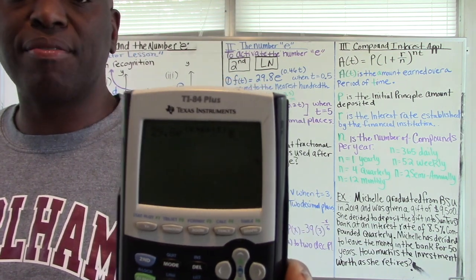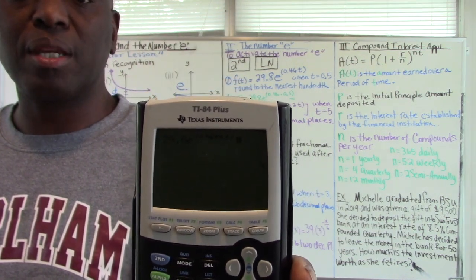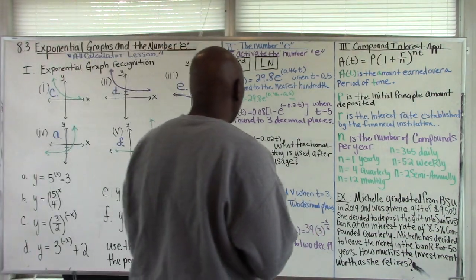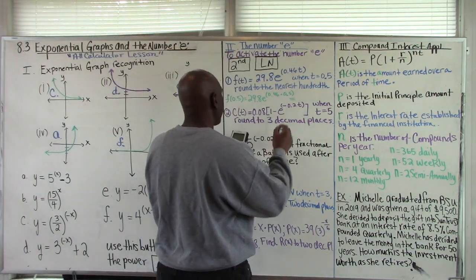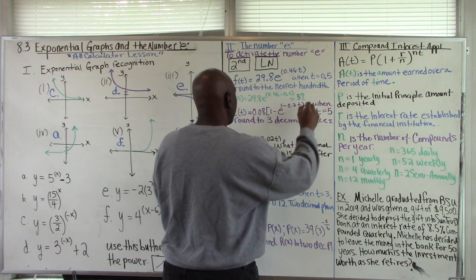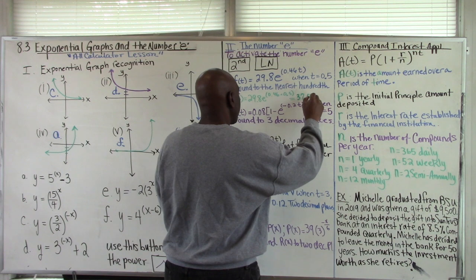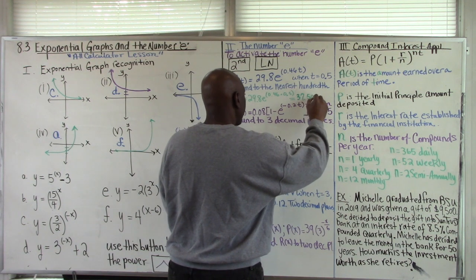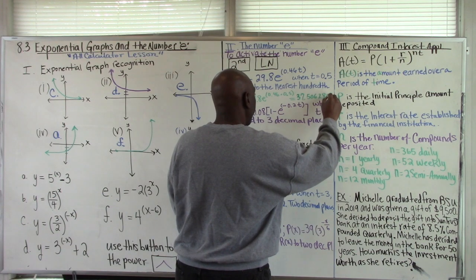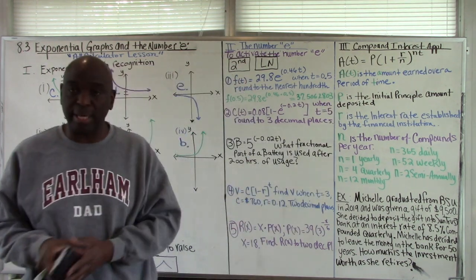That's what you should have. And then hit enter. And here's the answer you should get. 37.5062803. All right, we get all of that, right?